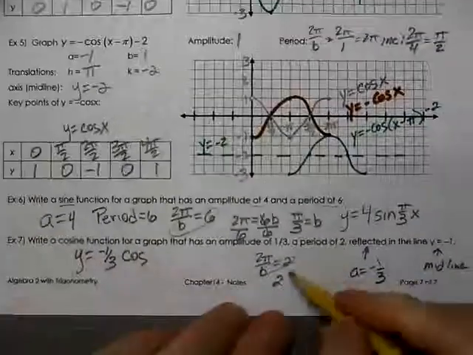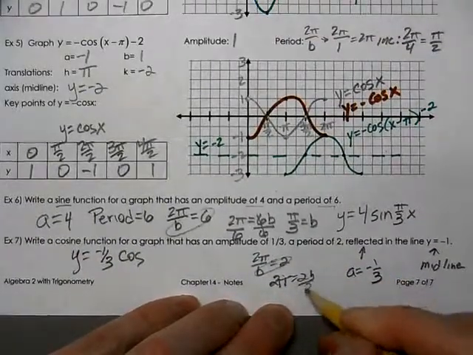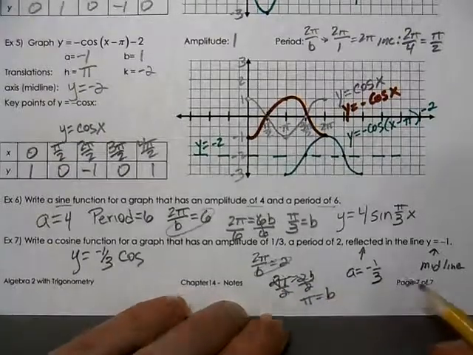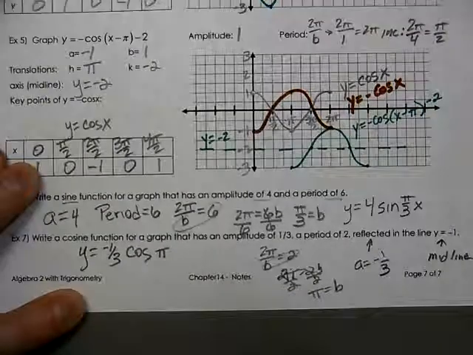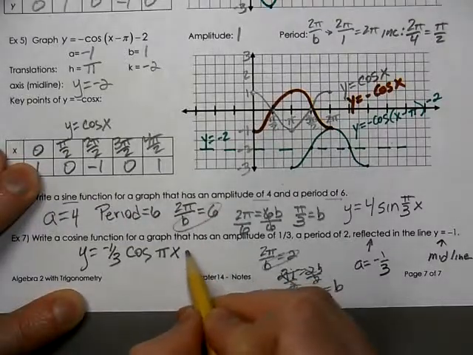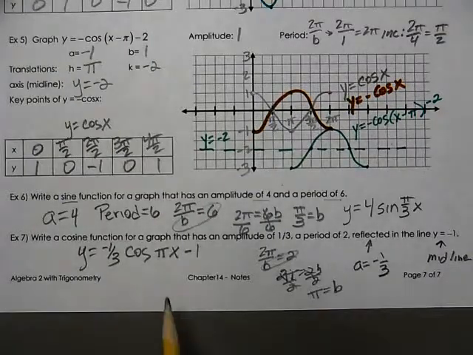So 2 pi equals 2b, divided by 2, and pi has to equal the b. So in our equation, we're going to have pi x, and we're going to translate down 1. There's no note of a horizontal translation.